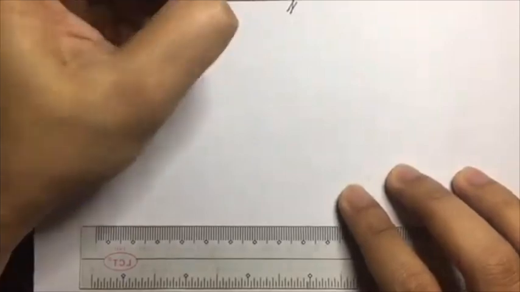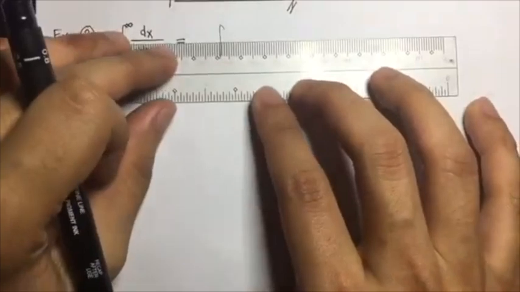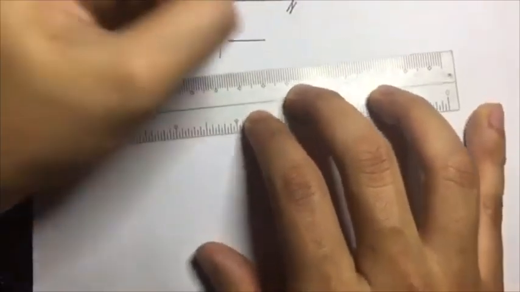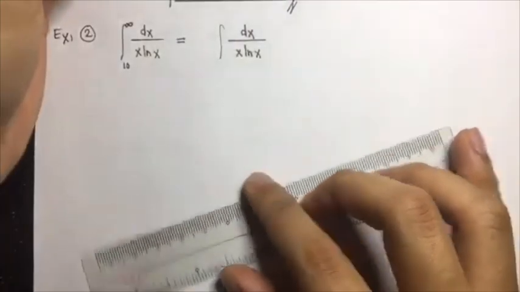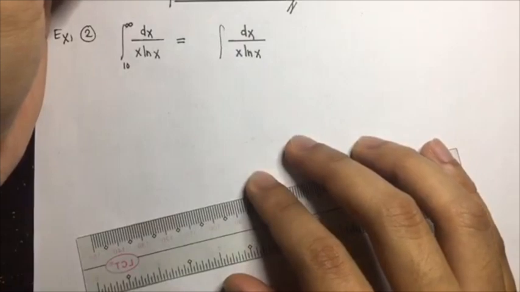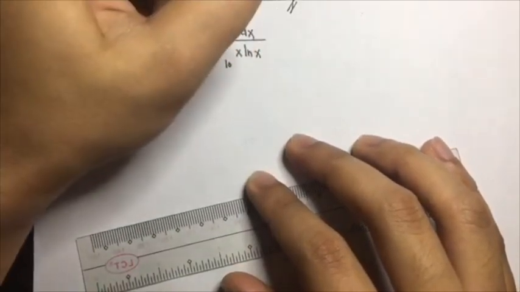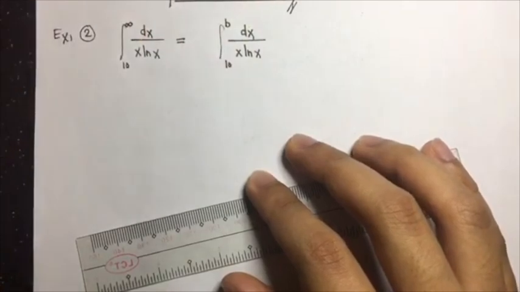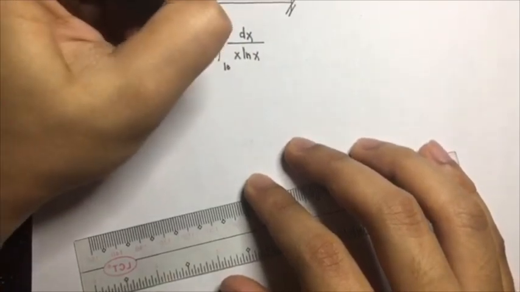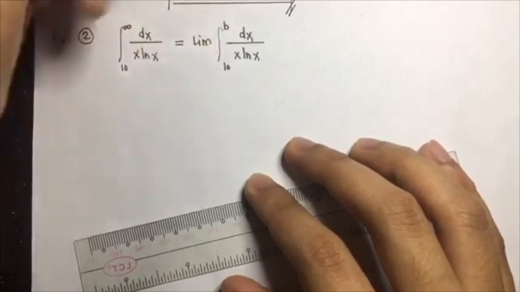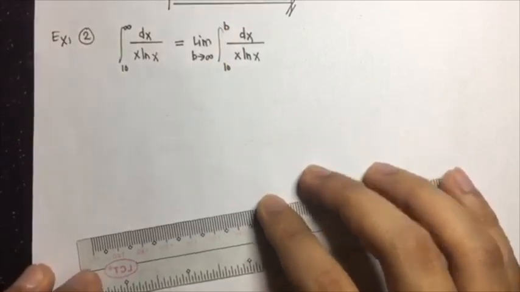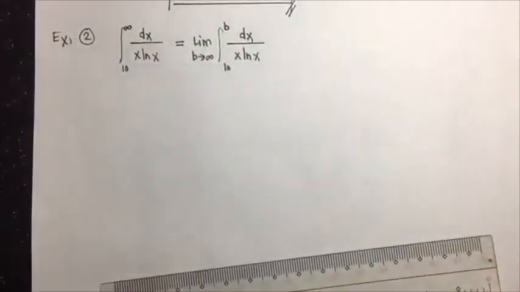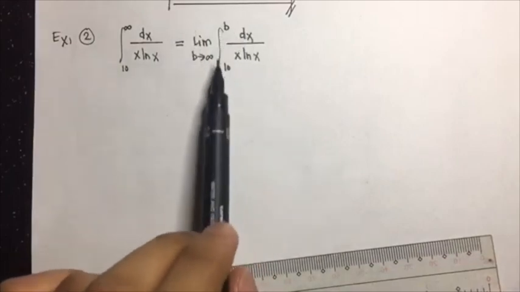We can express this as the integral of dx over x ln of x from 10 to, say for example, b, where the limit of this is as b approaches infinity. The next problem is, how do we integrate this?